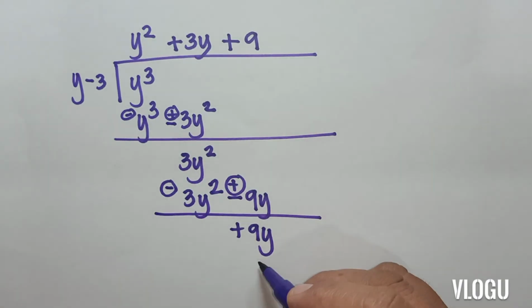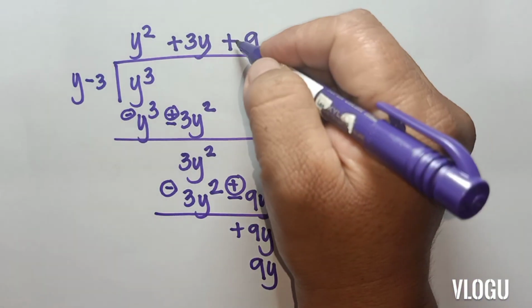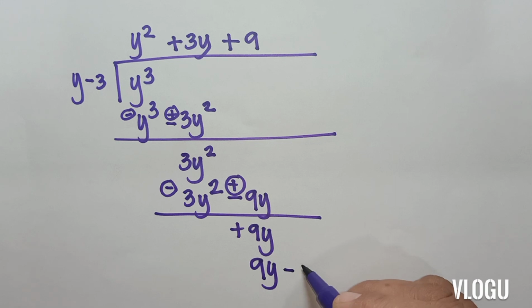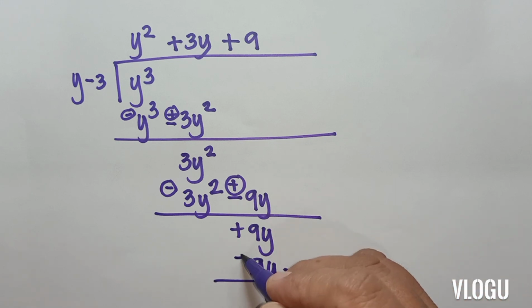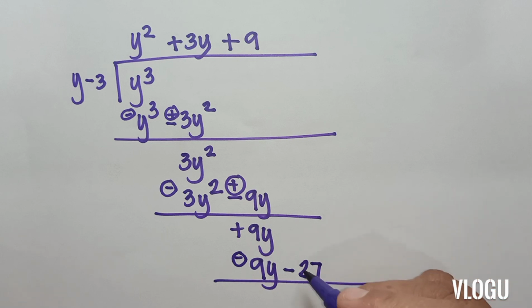9 times y is 9y. 9 times negative 3 is minus 27. Change the sign, so we have positive 27 as the remainder.